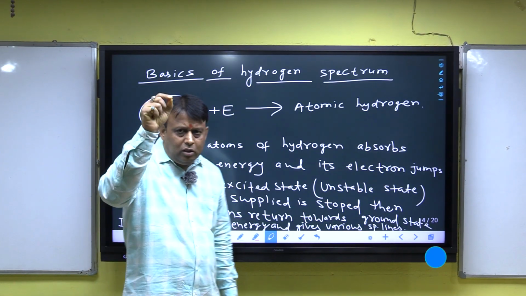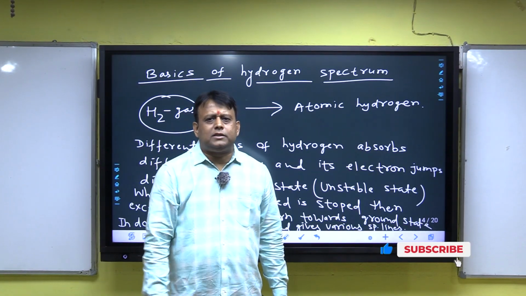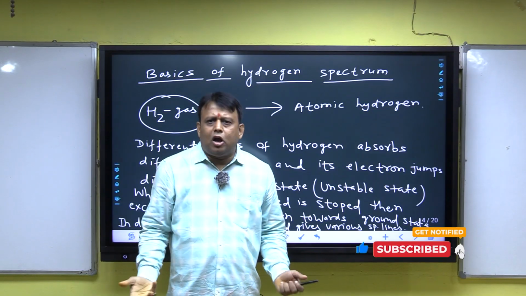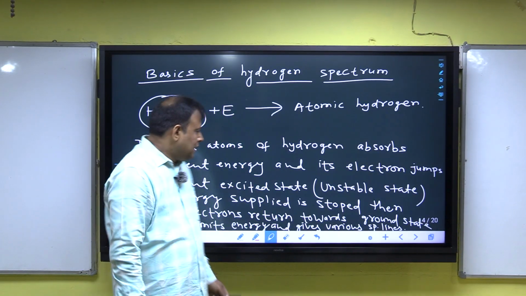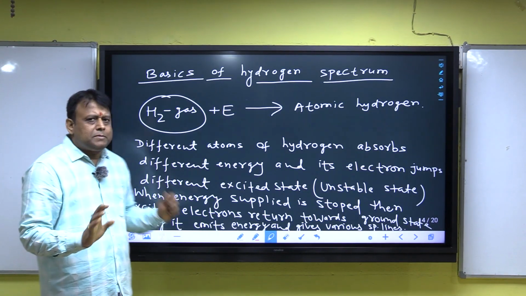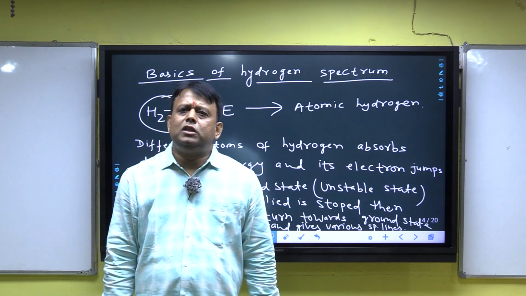When an electron falls from excited state to ground state, to the first orbit, it emits energy and gives various spectral lines, called hydrogen spectrum.